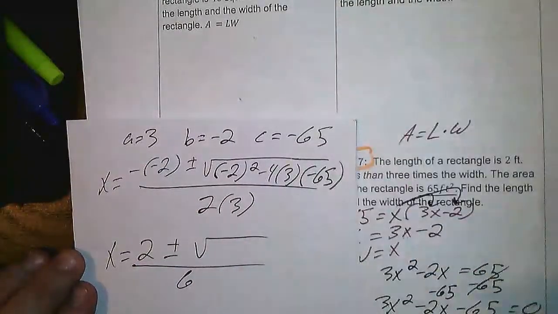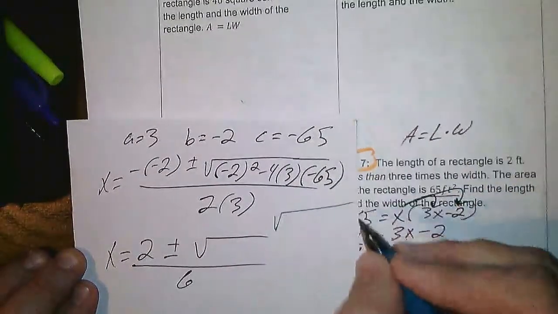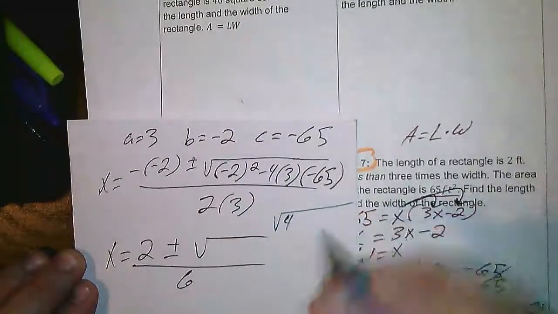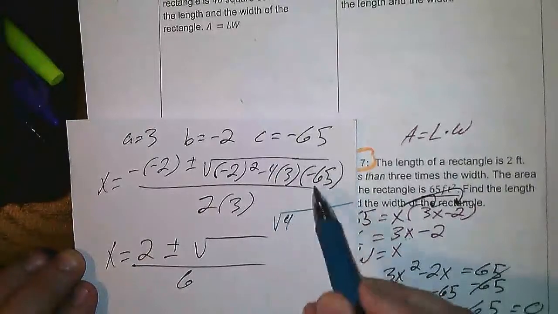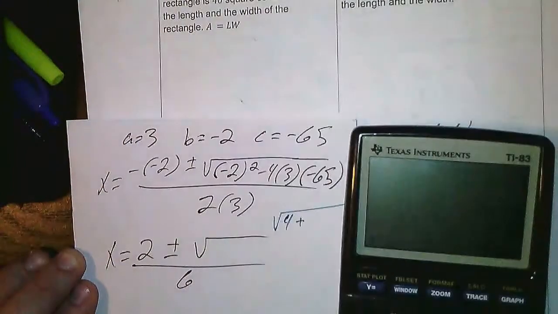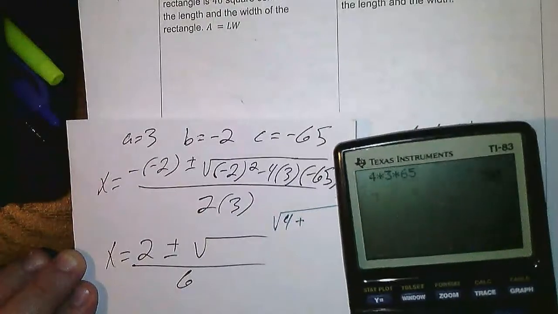So, what's under the radical? As always, I like to take these off to the side. Negative 2 squared is positive 4. I see that I have 2 negative signs over here that will multiply into a positive. And then I have 4 times 3 times 65, which is 780.